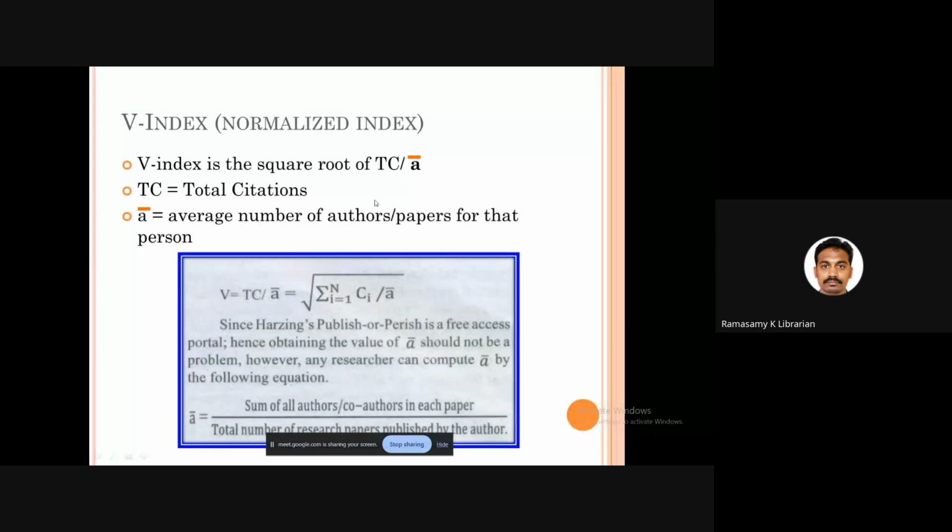So you know your total citations received for all your papers, divided by the average number of authors. How to find out the average number of authors? Very simple. You total all the authors included by you in all your research papers, divided by the total number of papers written by you. That is called the average number of authors. So total citations divided by the average number of authors is equal to V index.